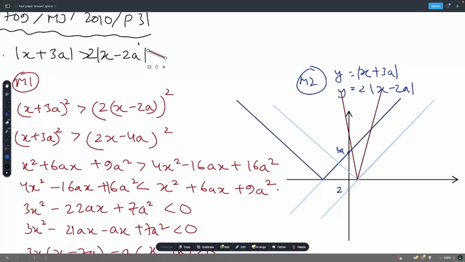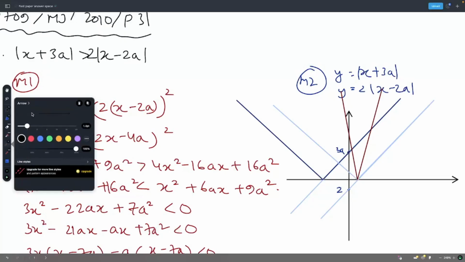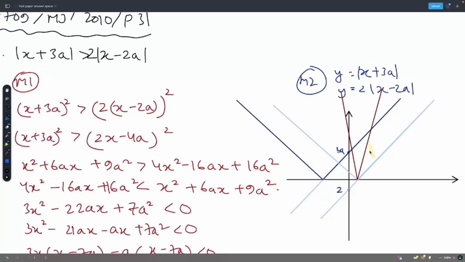Basically it says that the value of x plus 3a, on any value of x, the value of y, has to be greater than the one at the bottom. So I'm talking about this region, this tiny region there.